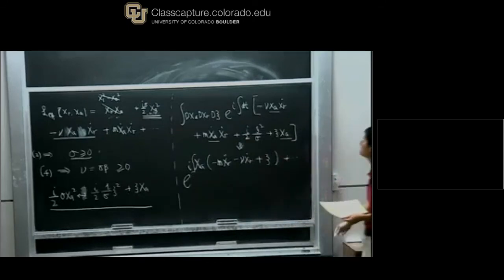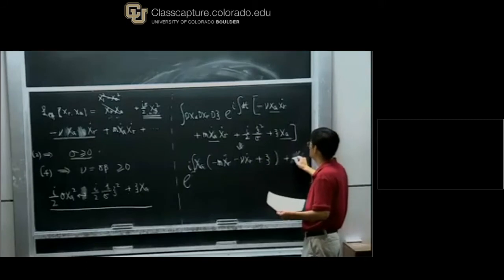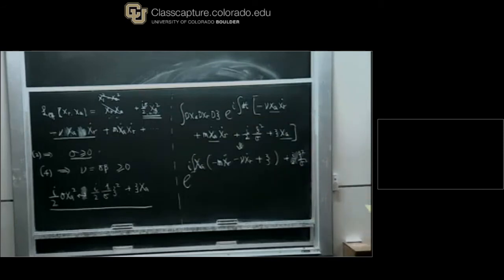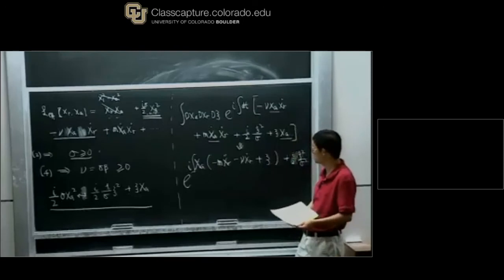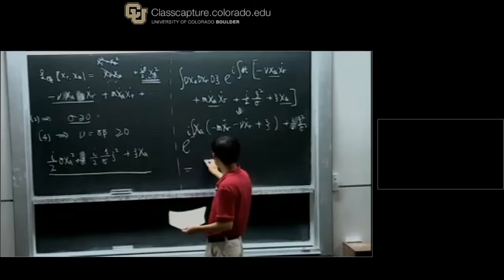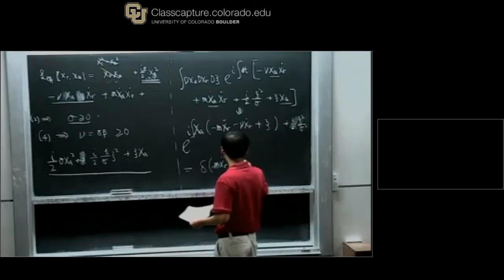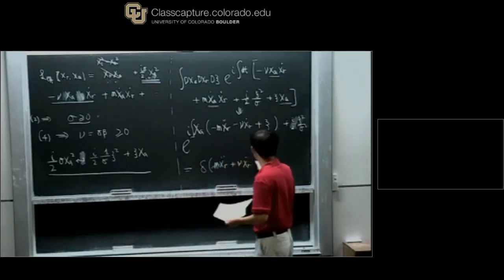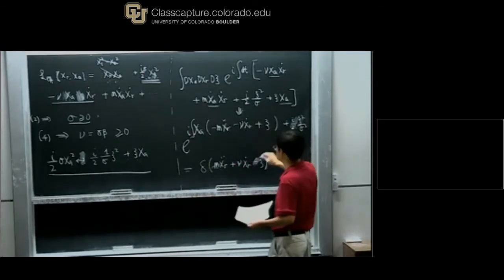And the only term is just this term. Let me just write it down: 1/2 I square. And now this just becomes a Lagrange multiplier. Essentially, when you do the path integral, this just becomes a delta function of minus m xr double dot plus nu xr dot plus psi, minus psi. And then you have this Gaussian.